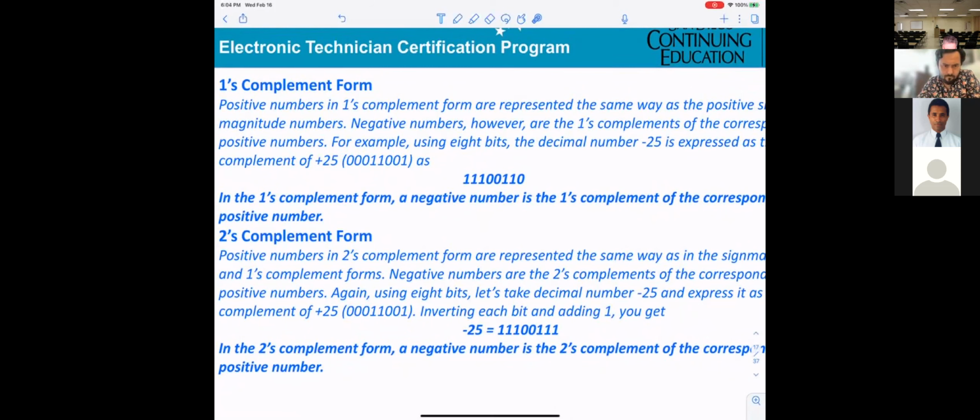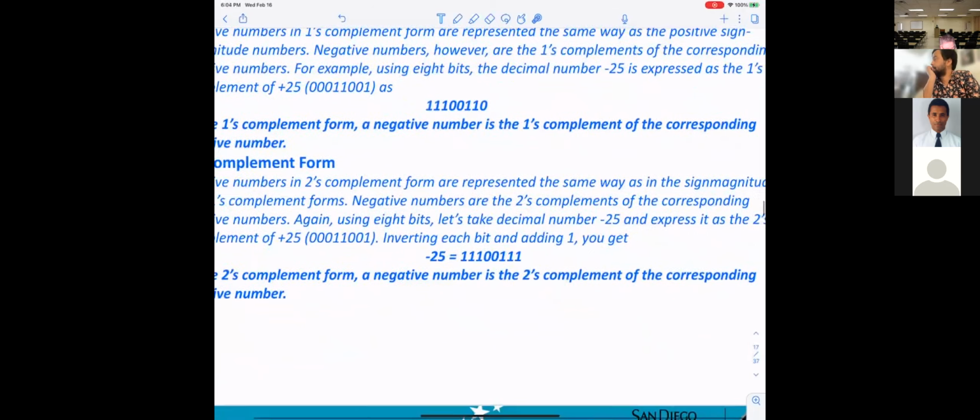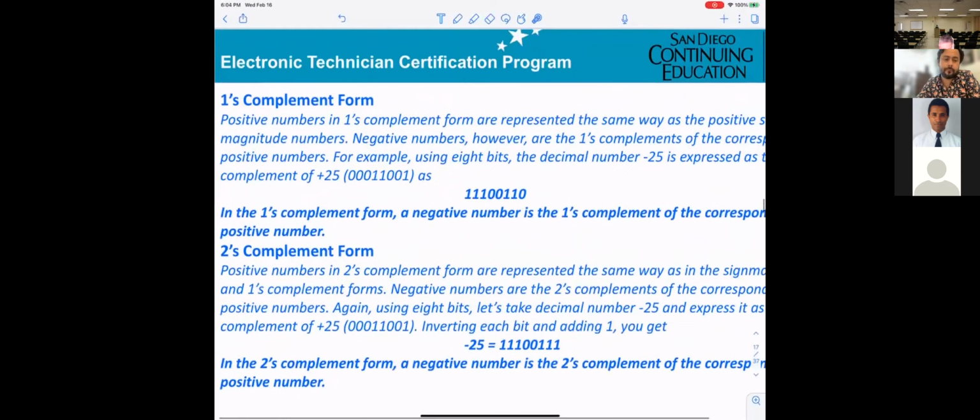So basically you invert it: 1, 1, 1, and 1, 1 becomes 0, 0, and 0, 0, 1 you get 1, 1. In the second complement form, a negative number is the second complement of the corresponding positive number.